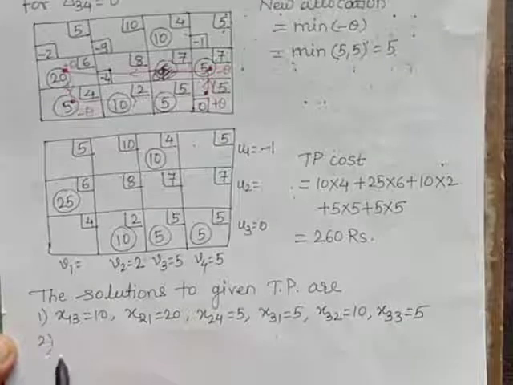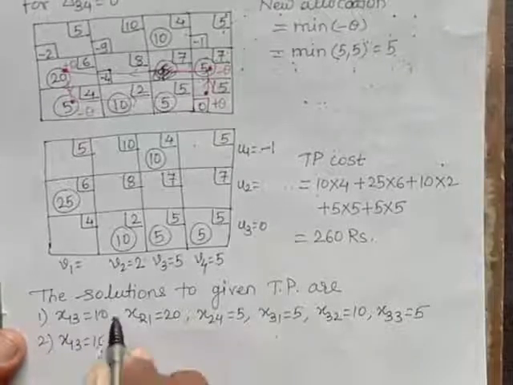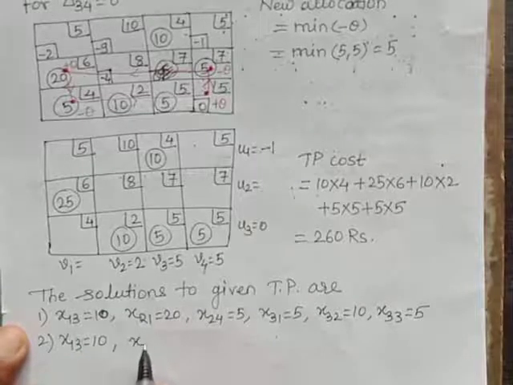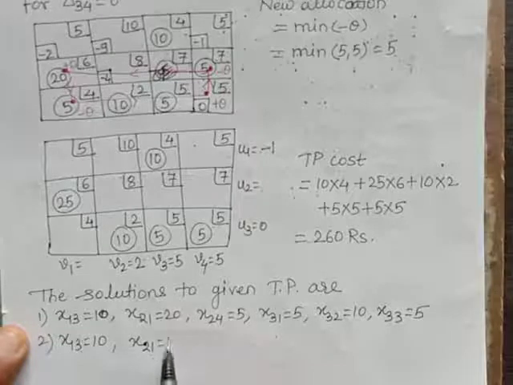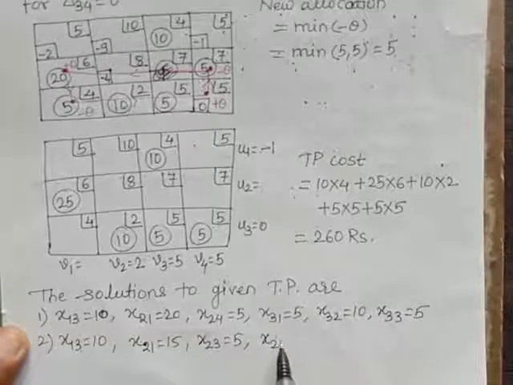Again second, x13 is equal to 10. This is 10. Next, x21 is equal to 15. x23 is equal to 5. x24 is equal to 5.